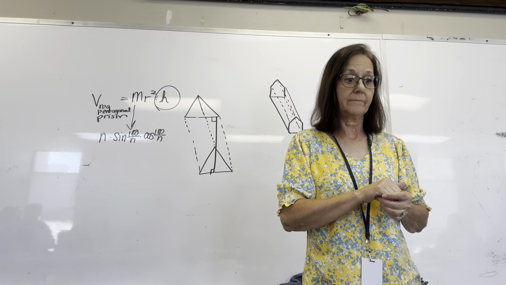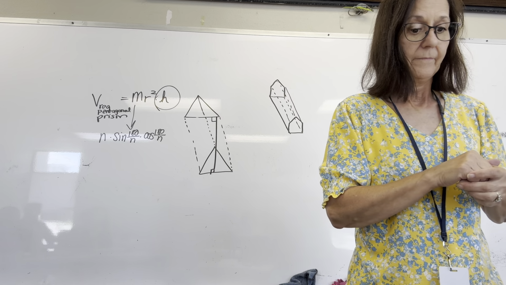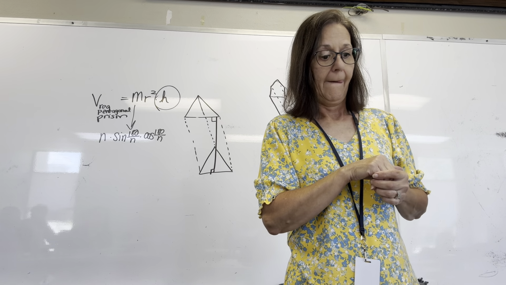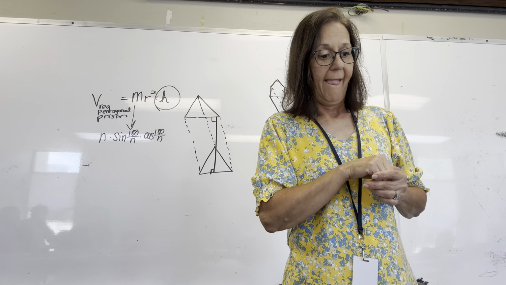Wait, so these two, the volumes are equal? Which two? The triangle and, okay, all right, everybody listen. If the base of the triangle, which is 1/2 base times height, is equal to the base of the rectangle, which is length times width, if those two areas are equivalent, right?